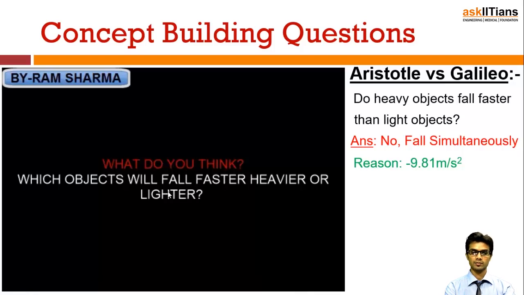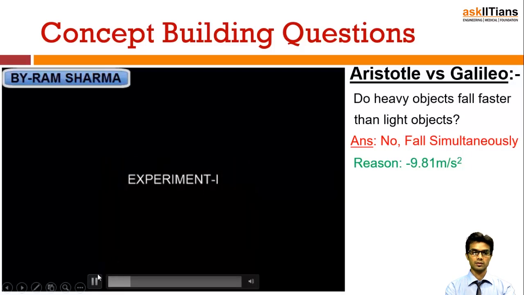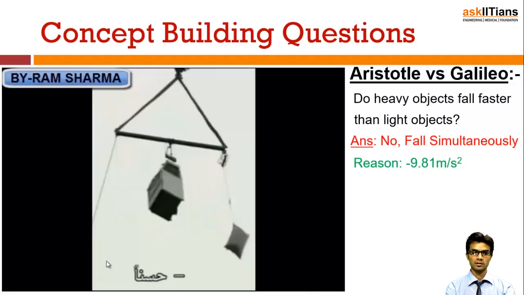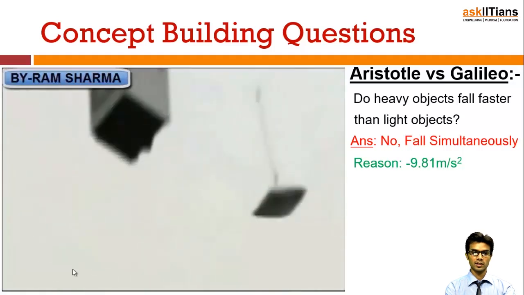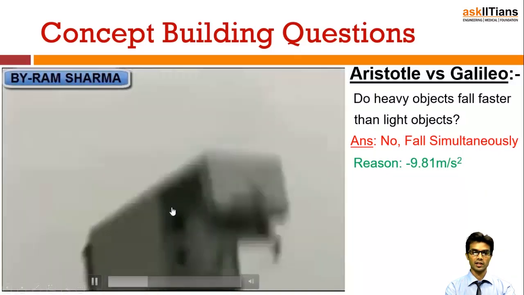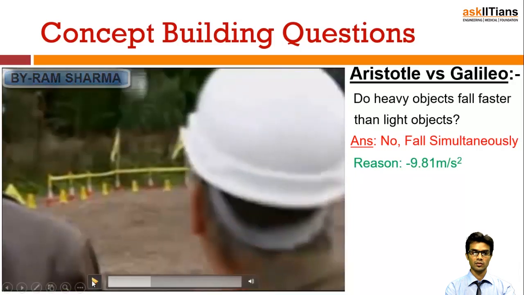So now see the video. There are some experiments we are going to conduct. These are two objects, one heavier and the other lighter. Here you can see the heavier object falls fast, but the lighter object falls later.